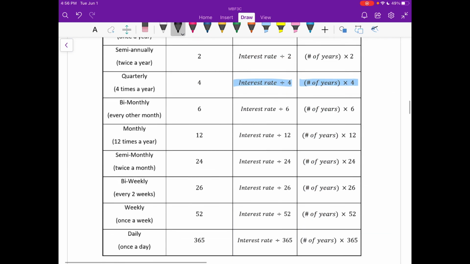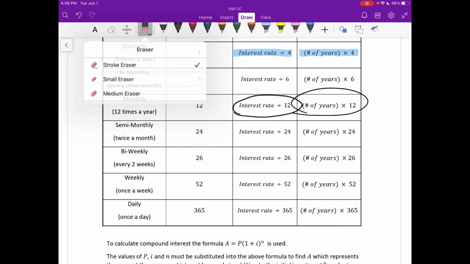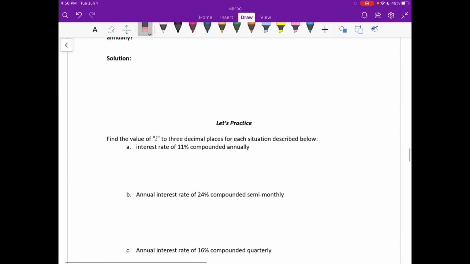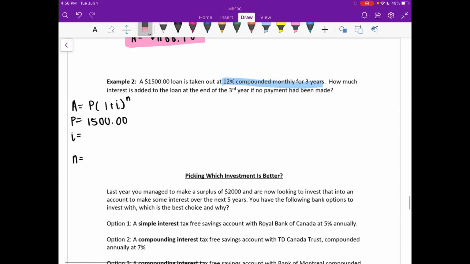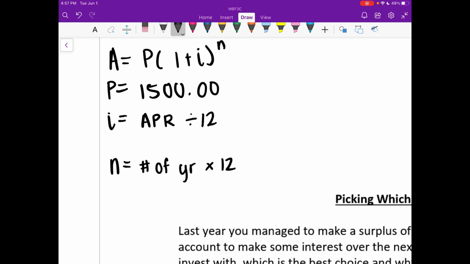It says compounding monthly, so i, the interest rate, is going to be the APR divided by 12, and n is going to be number of years times 12. So I'm just going to write that in.